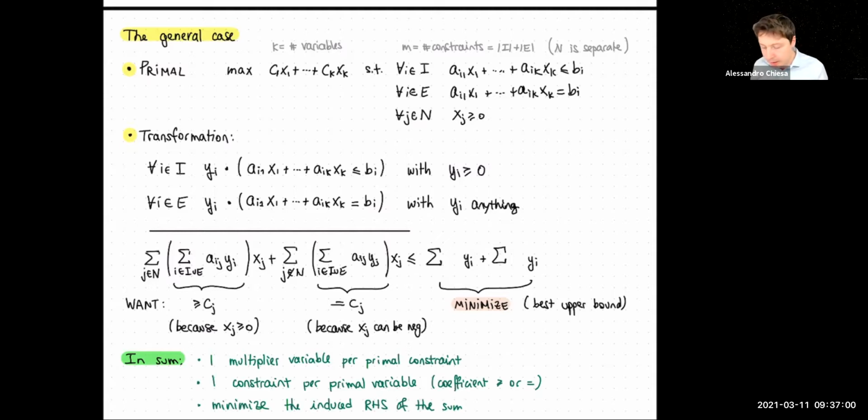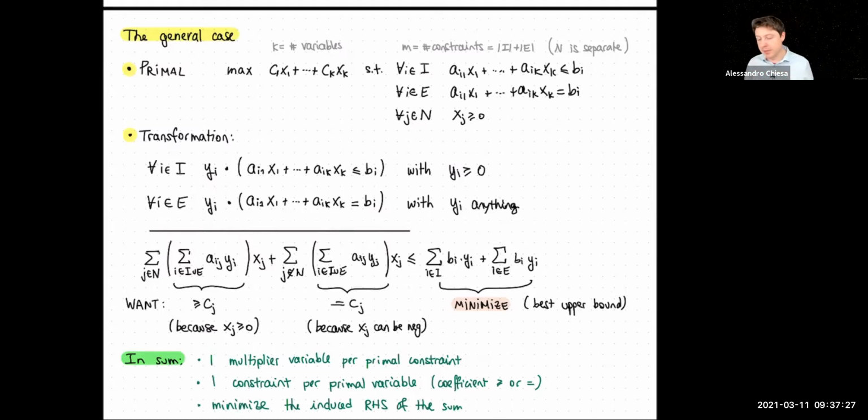Great. On the right-hand side, we have the y's in I and the y's in E, and they come with the coefficients bi, right? So we're going to sum over small i in big I, bi times yi, and over i in big E, bi times yi.